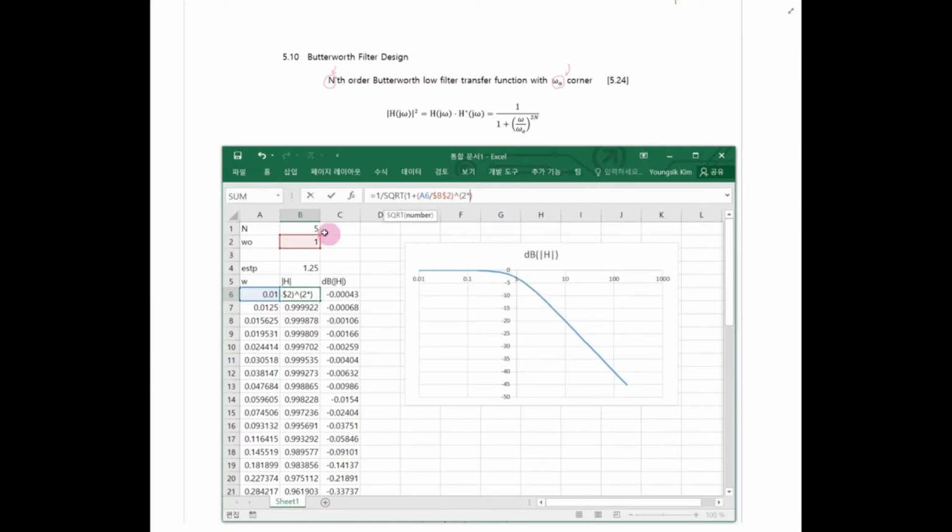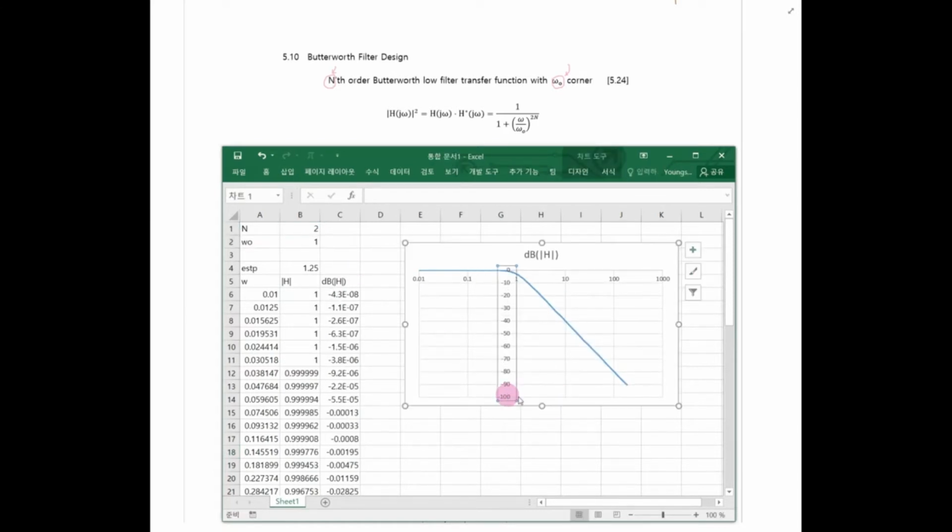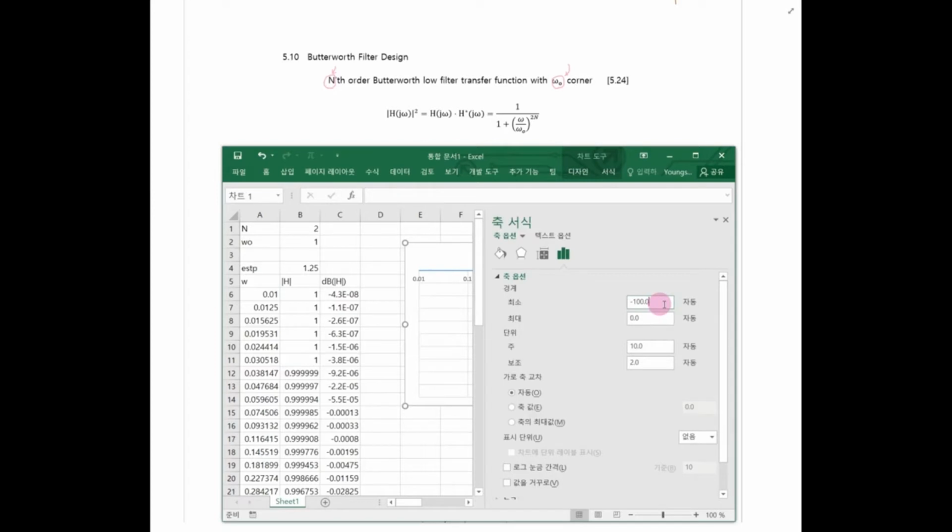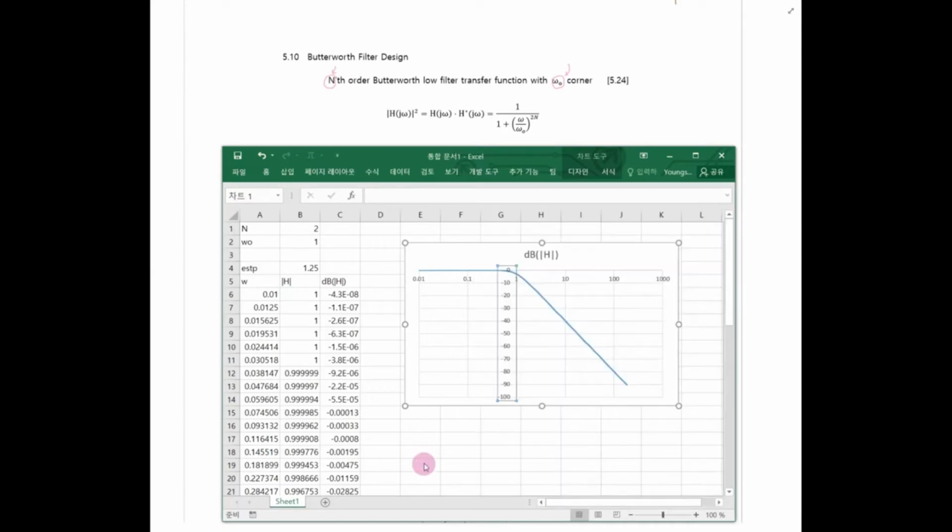So I need to include this constant part. First I would like to try filter order 1. Okay, this one is the filter order 1 case. What about 2? I need to fix up that one.